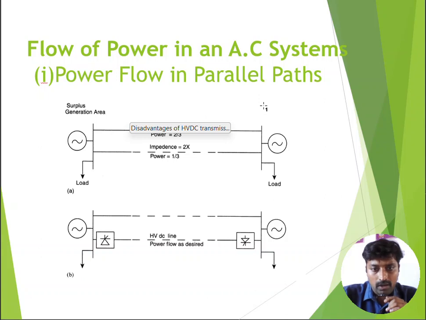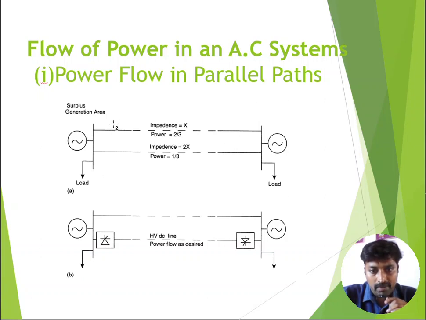But you clearly observe that this power can be transferred based on the impedance only. So we are not controlling the AC power. The impedance of the first line is less compared to the second line, so maximum power can be transferred from the top line.